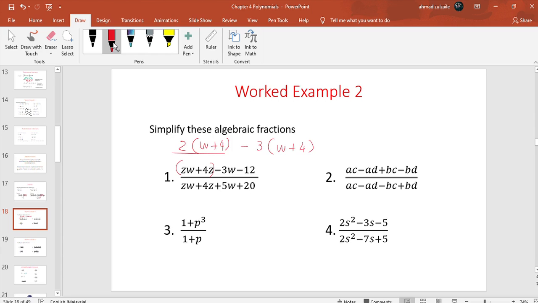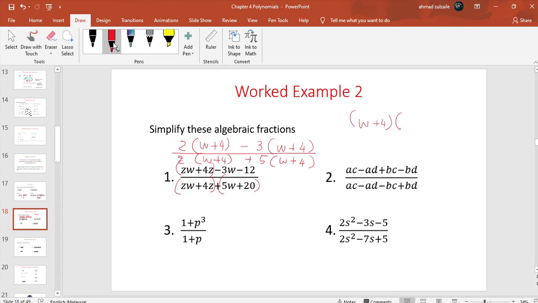Then you also group the last two terms as another group. So again you have zw plus 4, minus 5, sorry, this is plus, w plus 4. You can see from here both consist of the common factor, which is w plus 4.